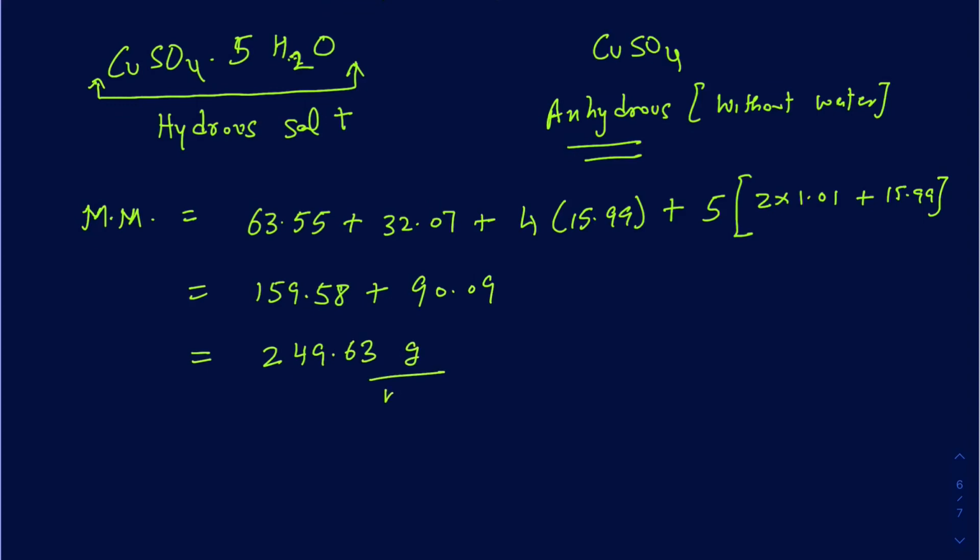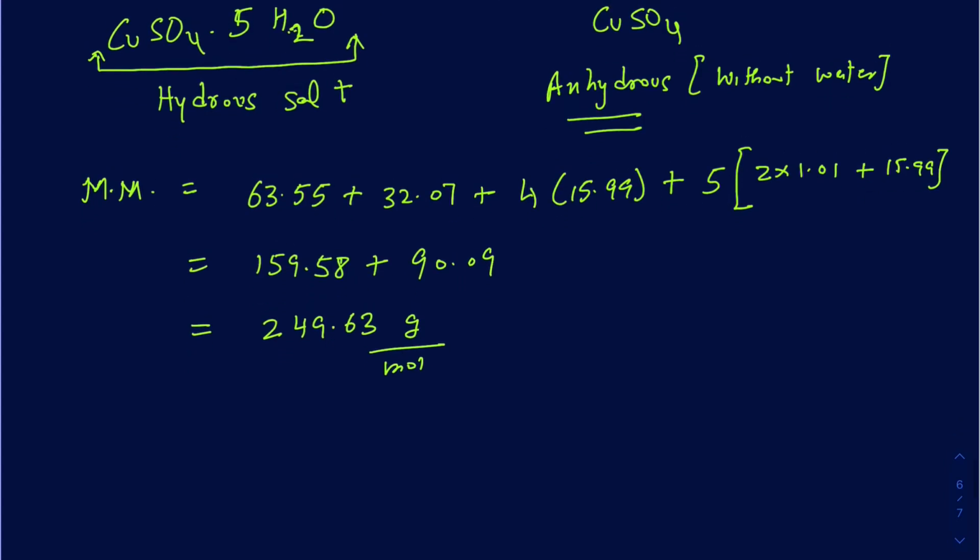grams per mole. So the question could have been, okay, what's the percent of water in this particular hydrous salt? So mass percent of water, then I would do the mass of the water, which we already calculated to be about 90. So make sure you take account of 5 water molecules in there.